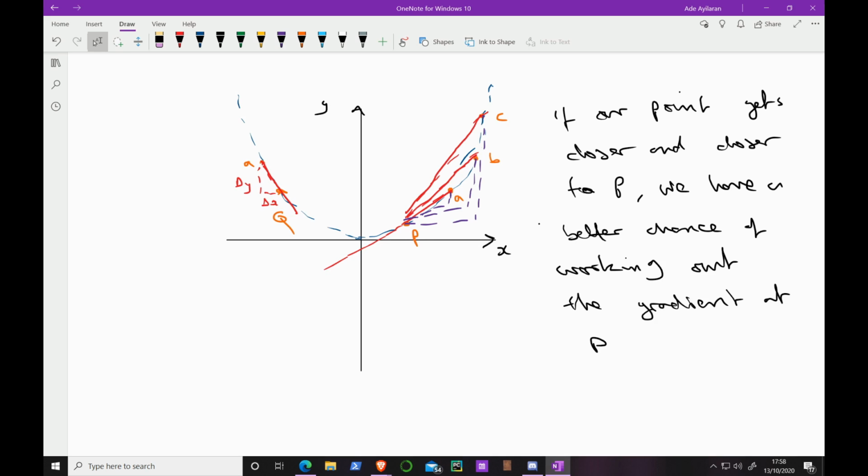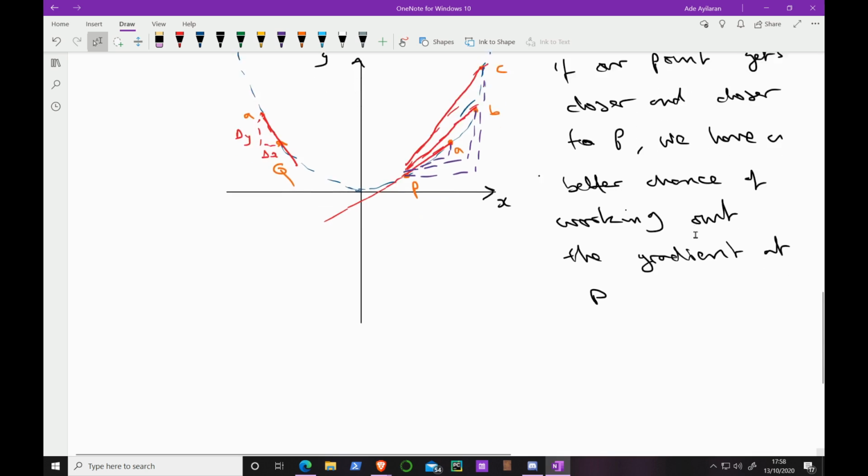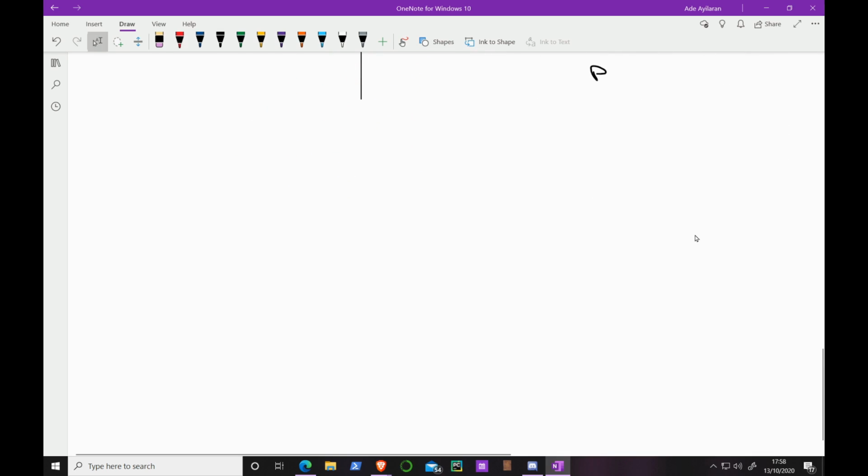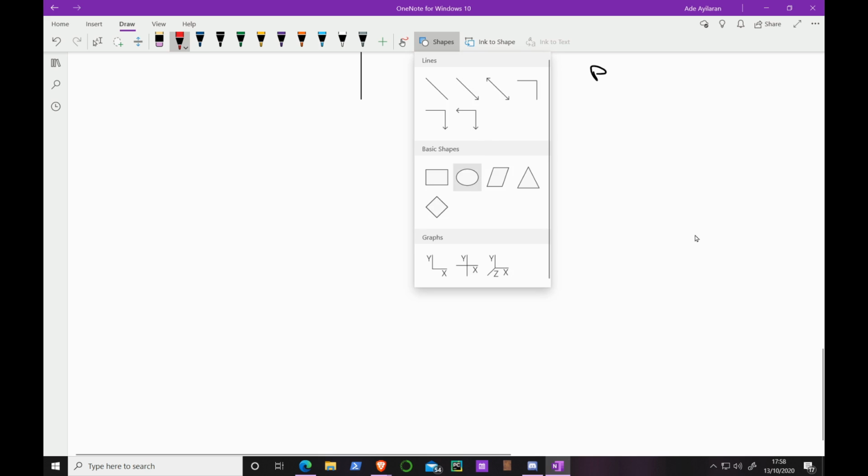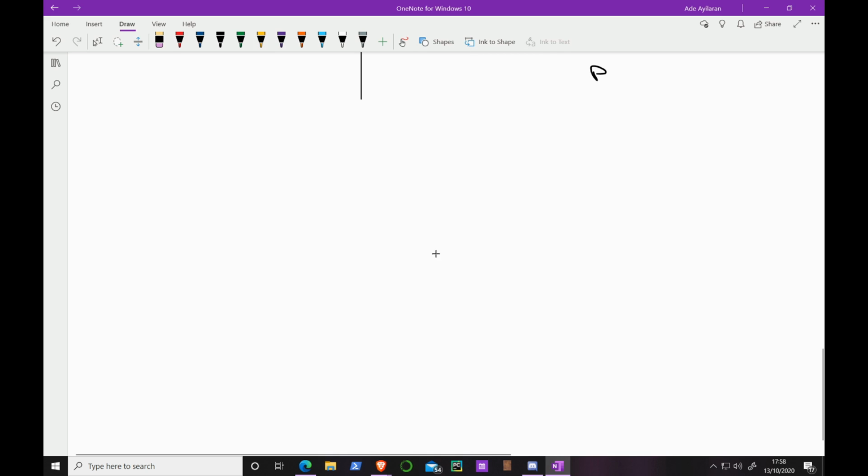Okay. So let's do an example just to put what we've talked about into practice. Again, we're going to be using x squared.